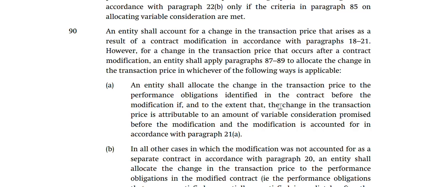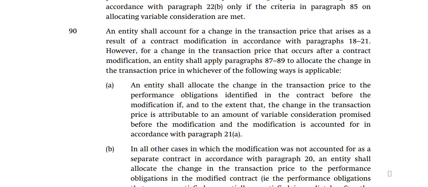A. An entity shall allocate the change in the transaction price to the performance obligation identified in the contract before the modification if and to the extent that the change in the transaction price is attributable to an amount of variable consideration promised before the modification and the modification is accounted for in accordance with paragraph 21a.